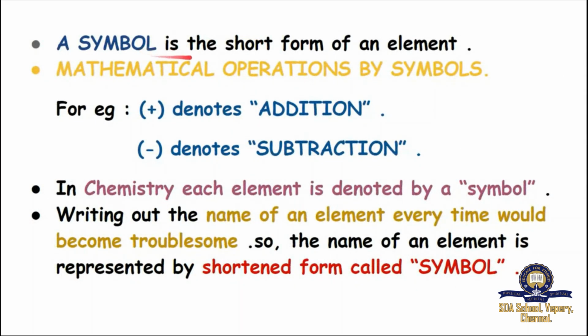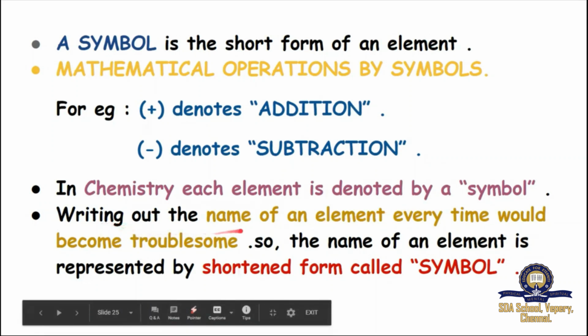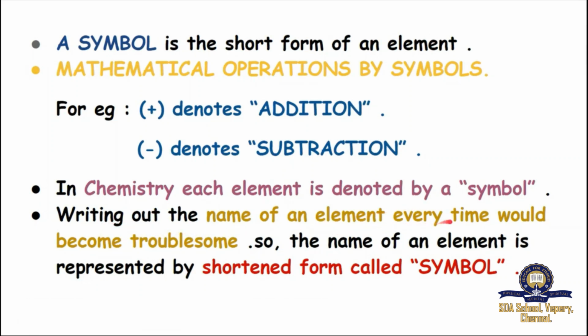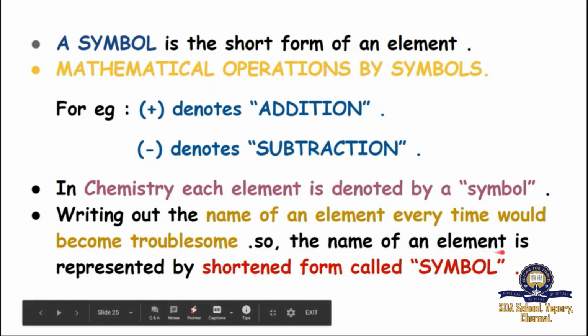A symbol is the short form of an element. In mathematical operations we use symbols, for example, plus denotes addition, minus denotes subtraction. In chemistry, each element is denoted by a symbol. Writing out the name of an element every time would be troublesome, so the name of an element is represented by the shorthand form called a symbol.